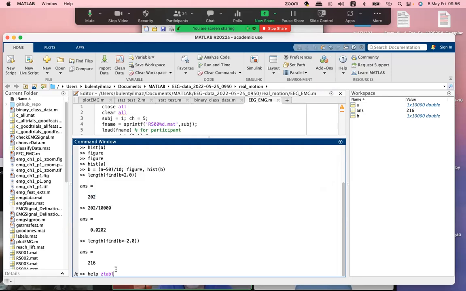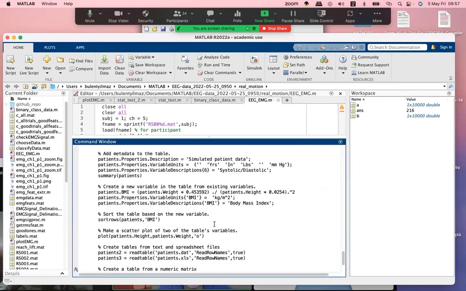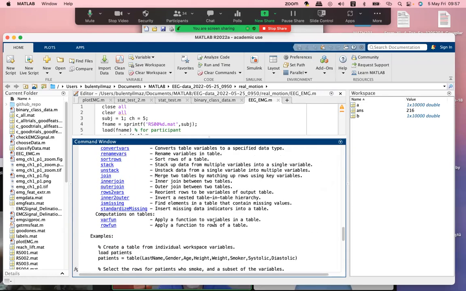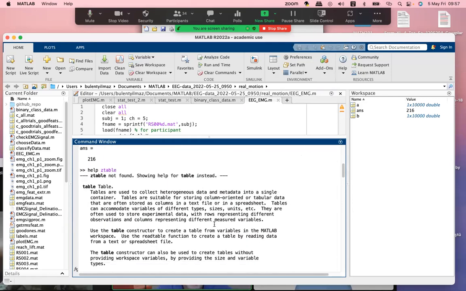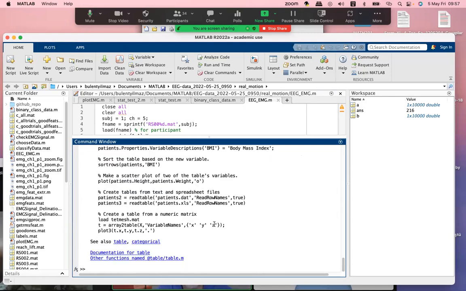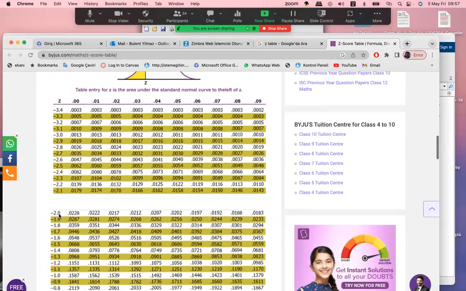Let's take this Z table. If MATLAB has this Z table thing, okay, it's something else, I guess. Z table is not found here, but there should be one solution. Let me find out here, for example, -2. Here it says the probability is 0.0228. What did we find?